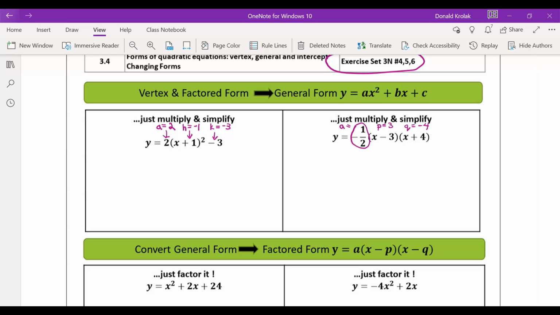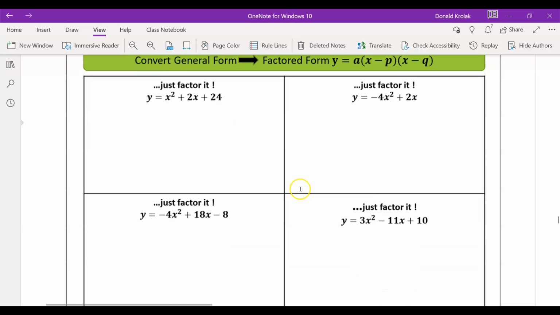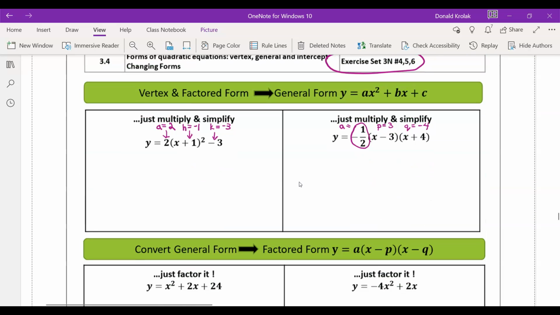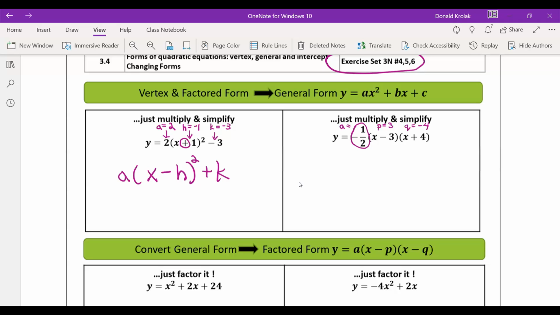What? Because when something is to be written in vertex form, it looks like this. Let's see. Vertex form is a times x minus h squared plus k. So if you have to rewrite this so it looks like that, I'd have to make this h a -1, because a negative and a negative make a positive.